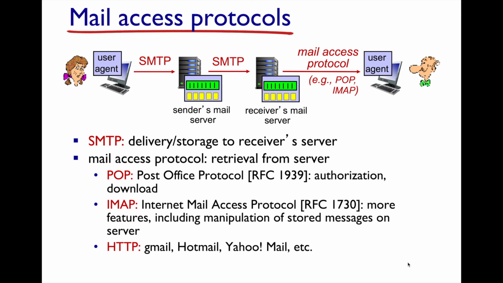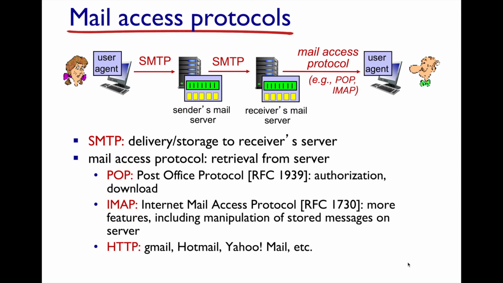And so SMTP is purely a conversation between mail servers. It's how mail servers send mail to one another, and it's data push. Now, what this mail access protocol is, is a method used by the user agent to allow the user to access contents of the mailbox, right?